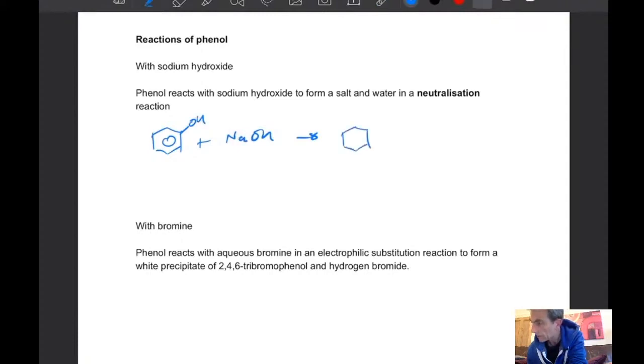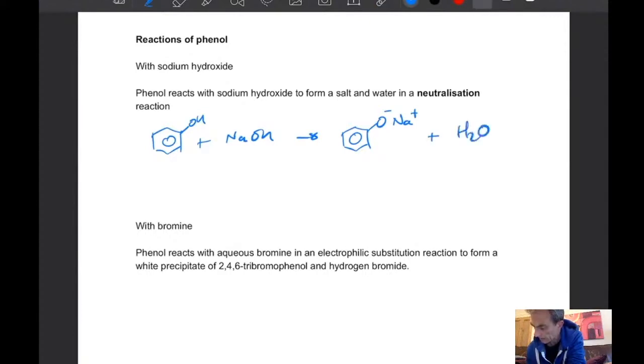In lots of textbooks the charges are shown, so we could represent it like that, or like that, but you must never put a bond between the O and the Na, because that would be a covalent bond, so you can't do that. Let's put the charges back on, and we'll get H2O.